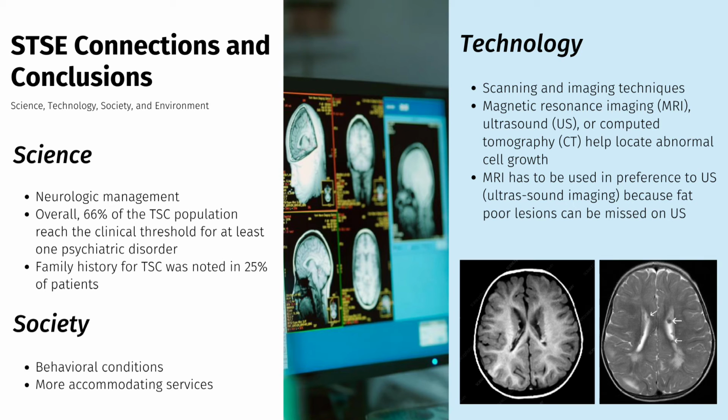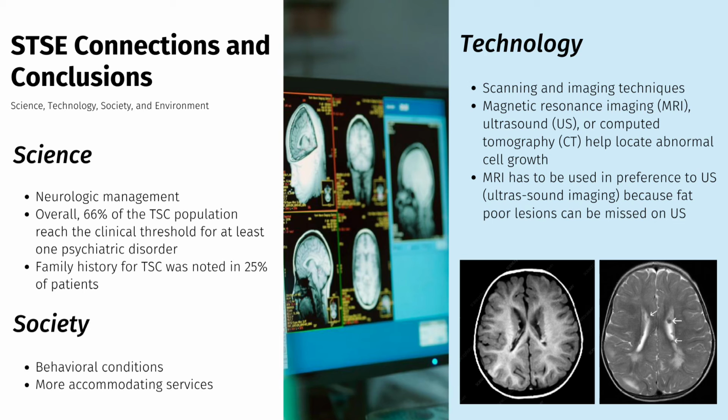One connection that can be made is that more accommodating services are available in today's society to help individuals who are diagnosed with TSC. In terms of technology, tuberous sclerosis has definitely revolutionized and enhanced our understanding of scanning and imaging techniques such as MRI, ultrasound, or computed tomography, which helps locate abnormal cell growth.